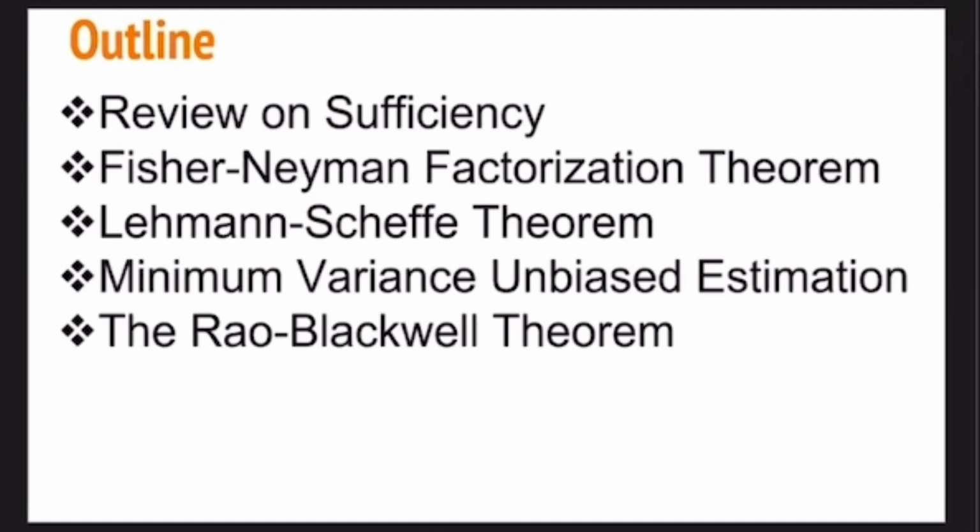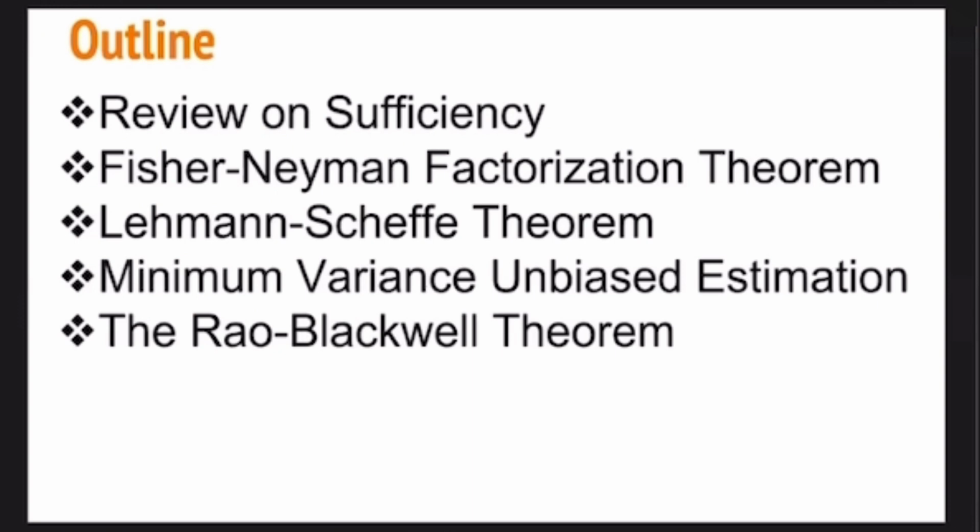And by Fisher-Neyman factorization, they provided us an idea that, okay, if you know the probability distribution, all we can do is to get the likelihood of that probability distribution. If we can split the likelihood of the probability distribution into two functions in such a way that one contains the parameter and the other one does not have the parameter, then we have already secured what I call a sufficient statistic.